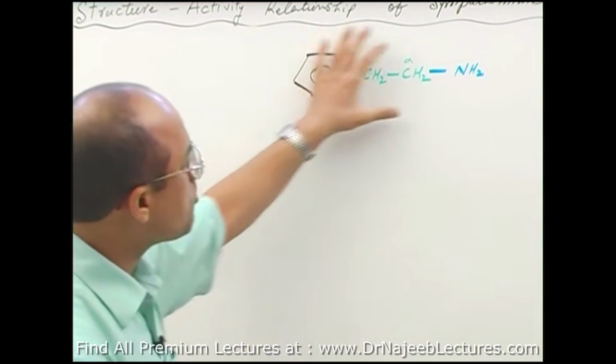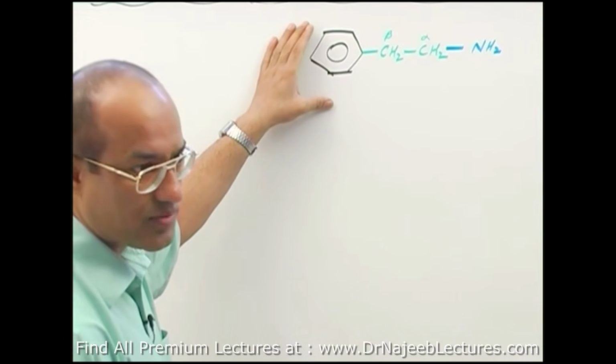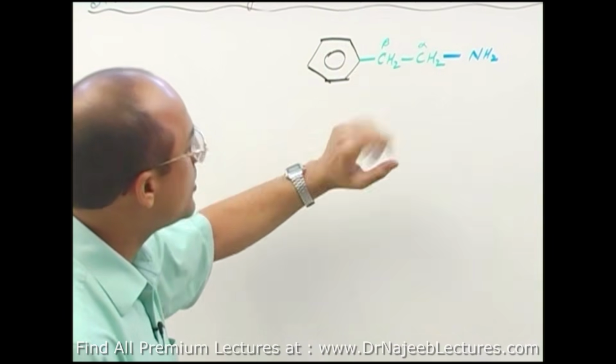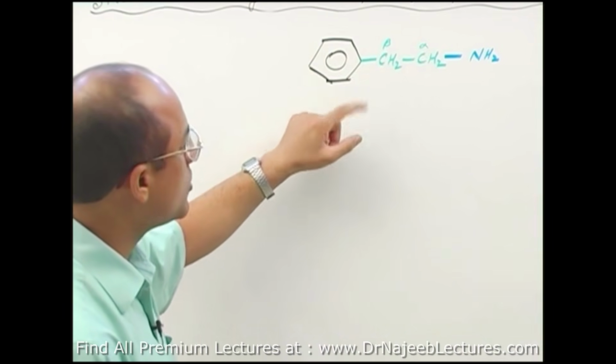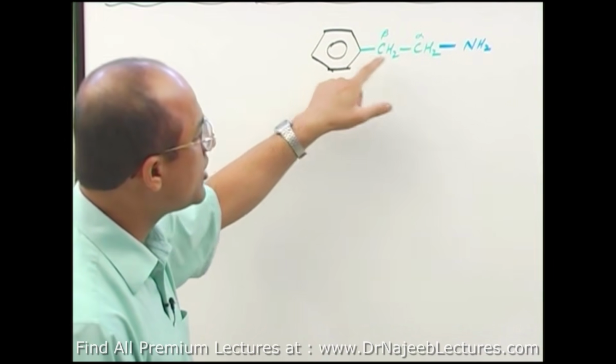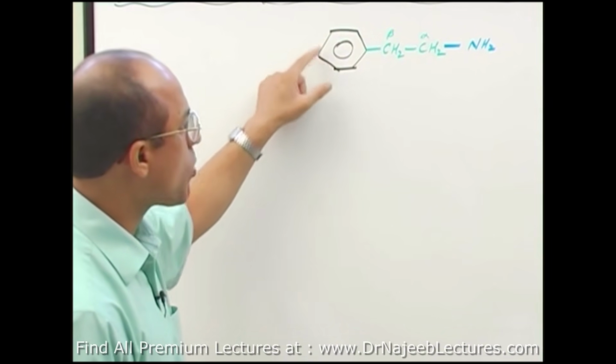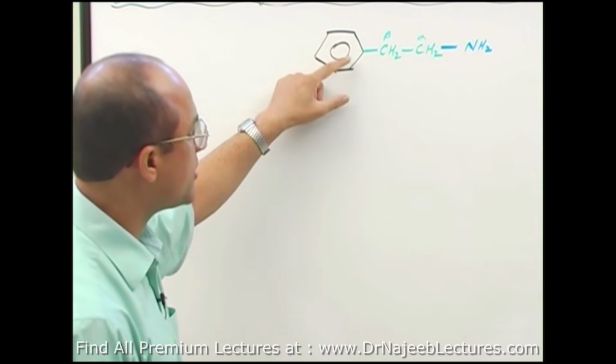So this is the parent compound from which the sympathomimetic drugs are derived. Now, in this parent compound, we can see that to the beta carbon of the ethyl chain, there is attachment of a phenyl ring. This is the phenyl ring as well as the benzene ring.